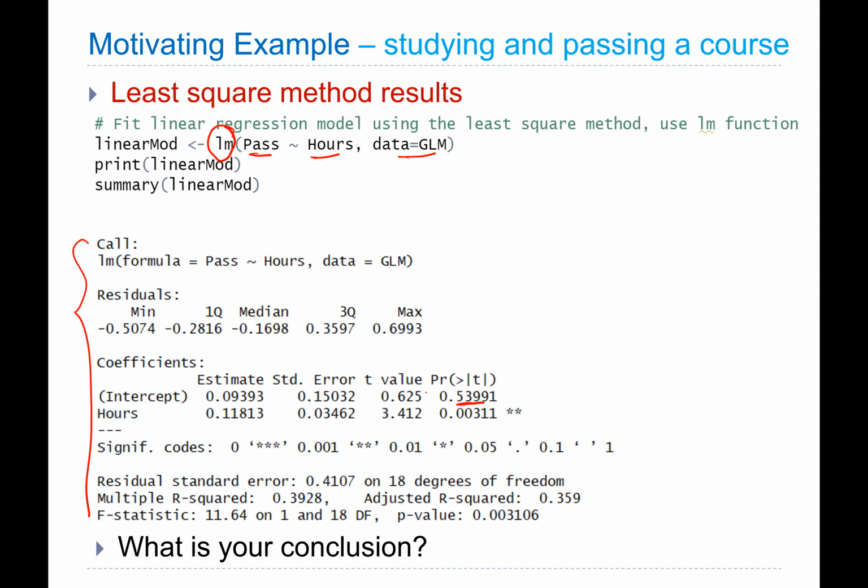When you look at beta 0, you'll find it is 0.53. When you look at beta 1, it is 0.003, and it is significant. And the p-value for the whole model is significant, very small. But this is not the correct approach.